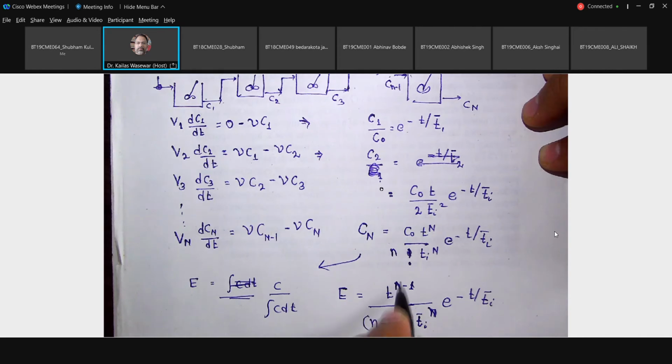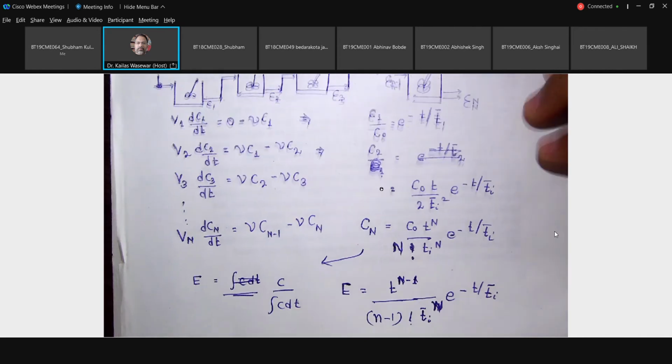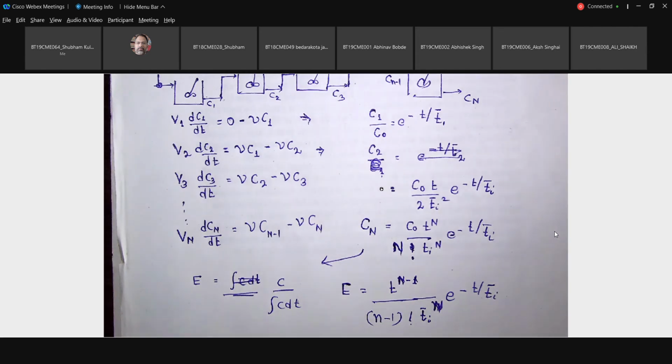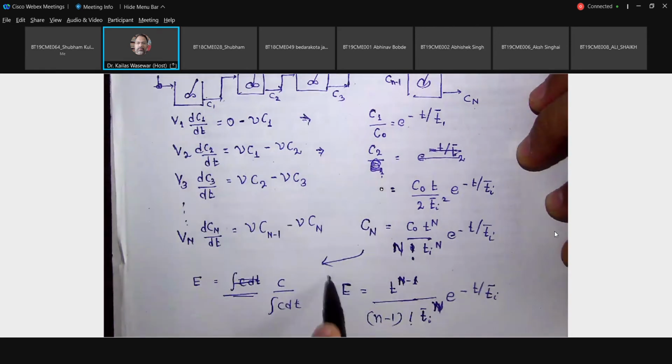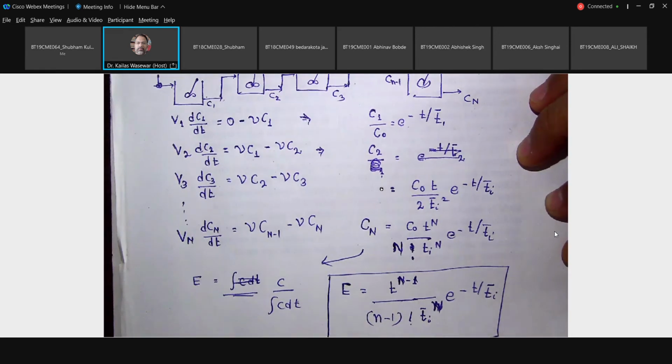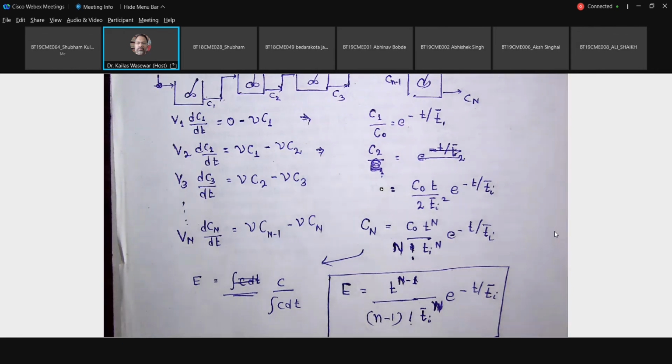We have used capital N here, so we'll use this. So this equation you will get as the final expression for E for n number of tanks in series.